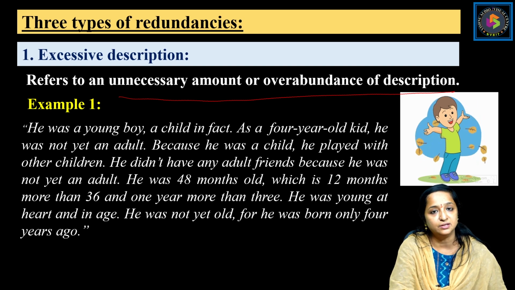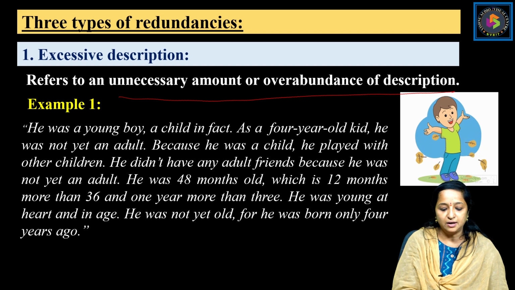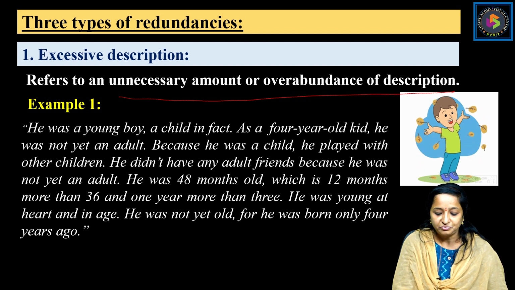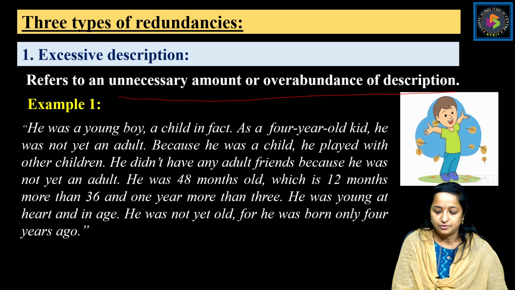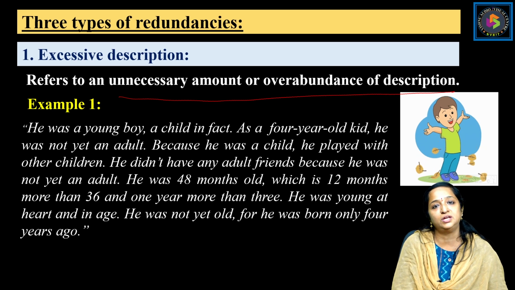He played with other children. He didn't have any adult friends because he was not yet an adult. He was 48 months old, which is 12 months more than 36, and 1 year more than 3. He was young at heart and in age. He was not old, for he was born only 4 years ago.